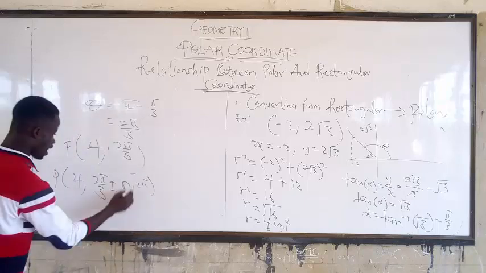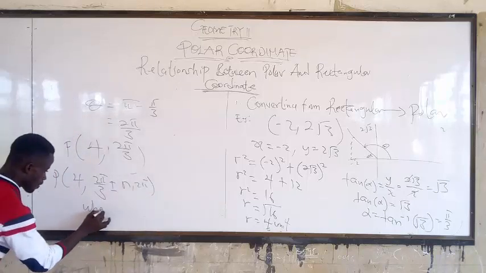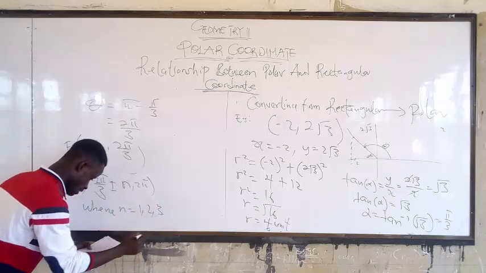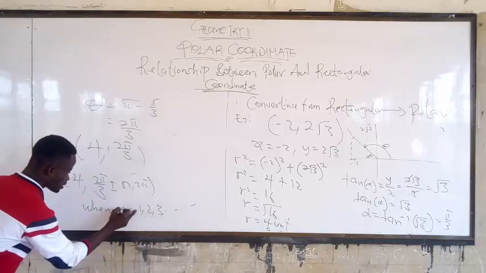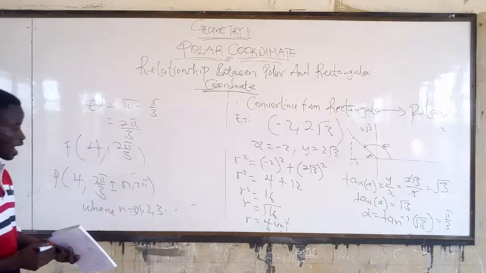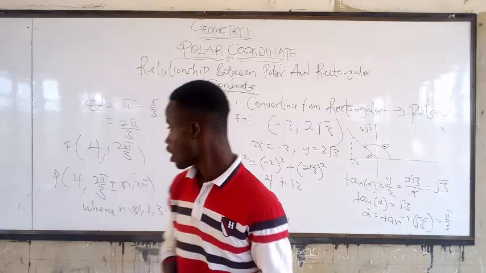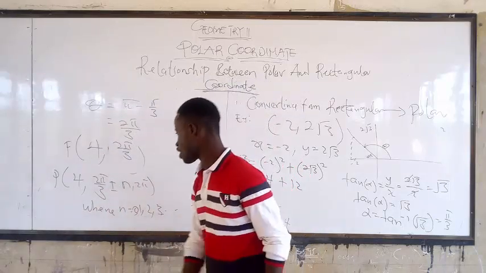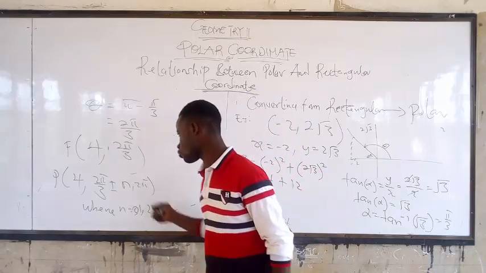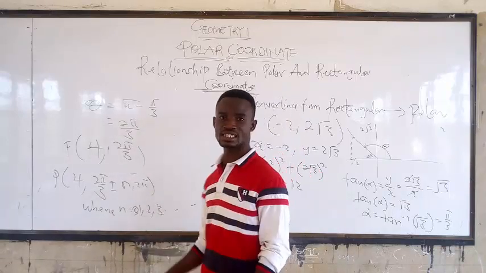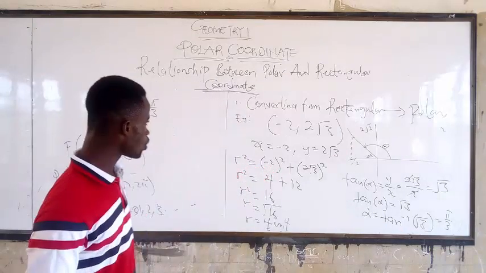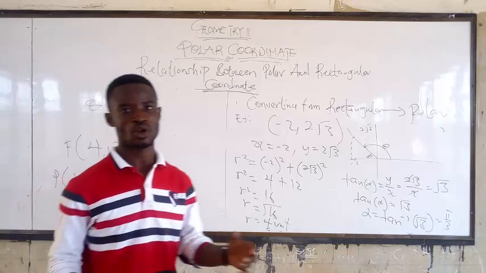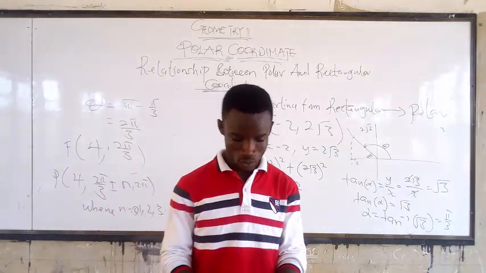That's going to be general, where n is equal to 0, 1, 2, 3. So when n is equal to 0, you can get something. When n is equal to 1, you can get something. So that's how we state it in general. So that's how we convert from rectangular to polar coordinates. You try this once on your own.